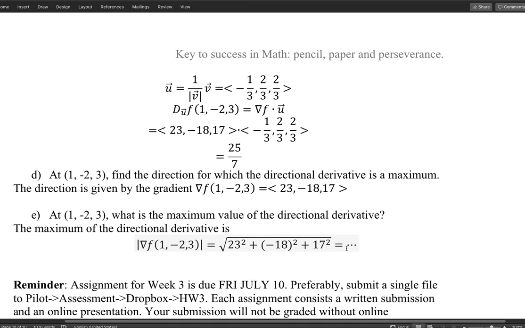And as a quick hint, this is the maximum rate of change, so it has got to be bigger than this 25/7. It's far bigger, right? 23 squared, 18 squared, 17 squared. I guess it will be more than 20. This is 25/7, so it makes sense, okay. That is the maximum rate of change.